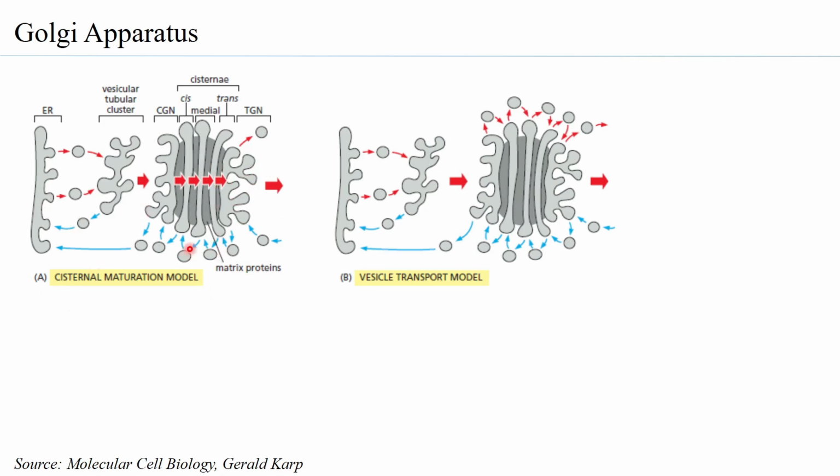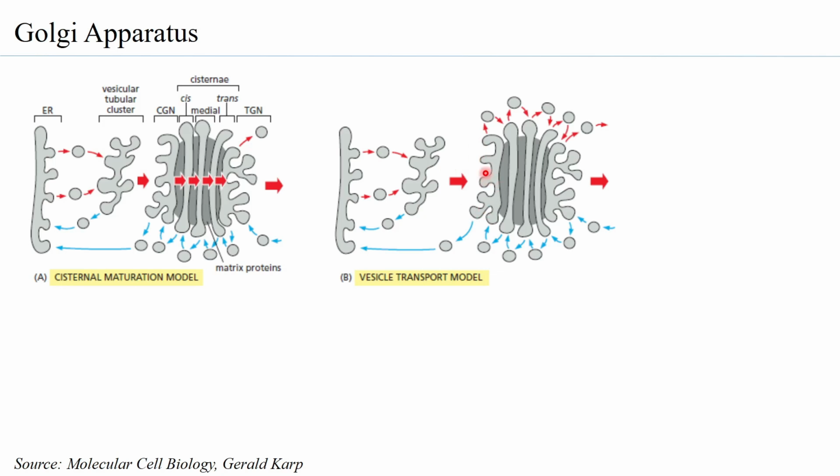There have been some experiments that have shown that this is possible, but there is another model also, which is called the vesicle transport model. In this case, any vesicle that comes from the ER becomes what is called a vesicular tubular cluster, also called the endoplasmic reticulum Golgi intermediate compartment. It is almost like an organelle in itself that forms the cis Golgi network.